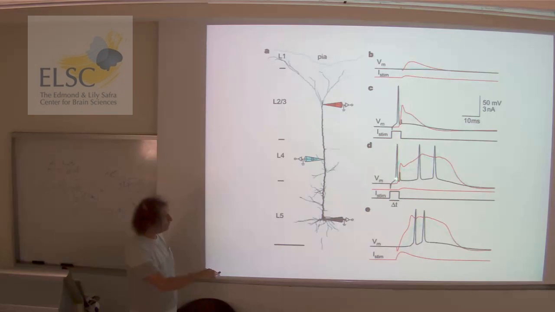So this is the first one that emerged from the direct injection, and these extra two spikes are the consequence of this large calcium spike in the dendrite.